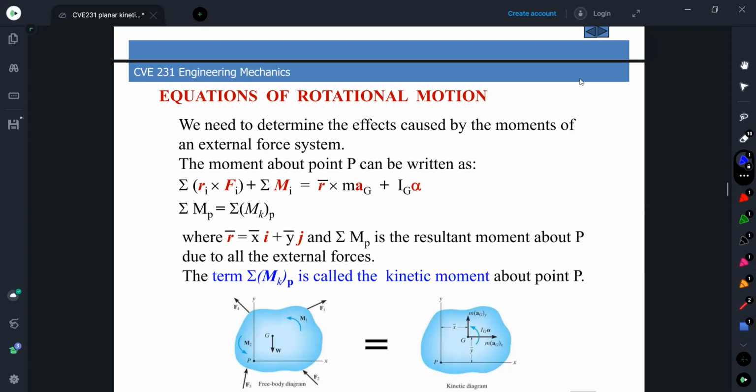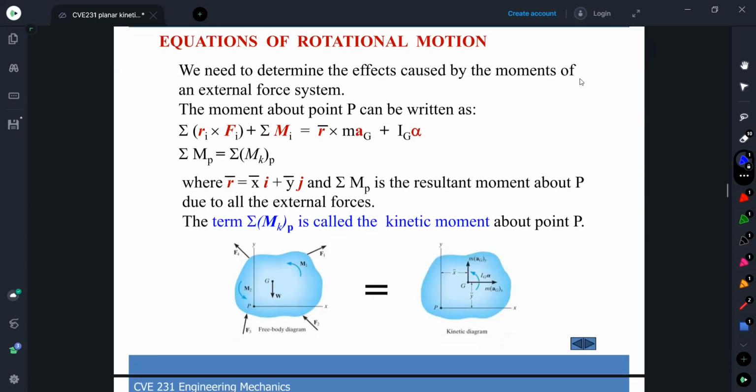Considering rotational motion, we have forces applied to the body as shown in the left picture, and the kinetic diagram in the right picture. We assume it has acceleration in two directions x and y, and also a rotation about the z-axis in the positive direction.